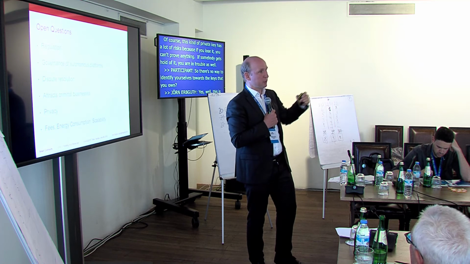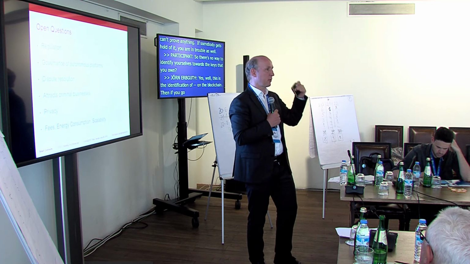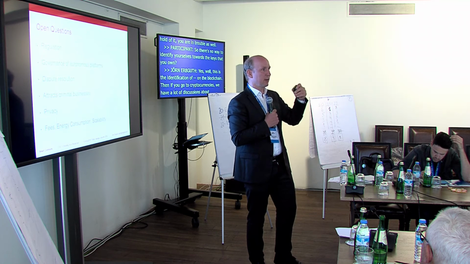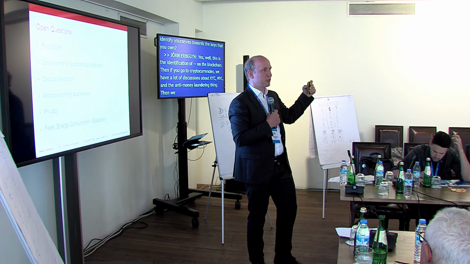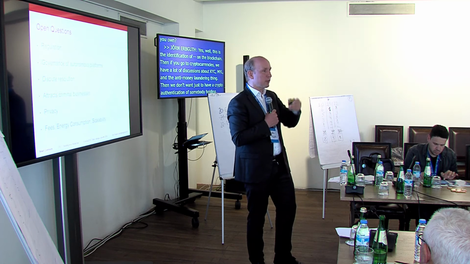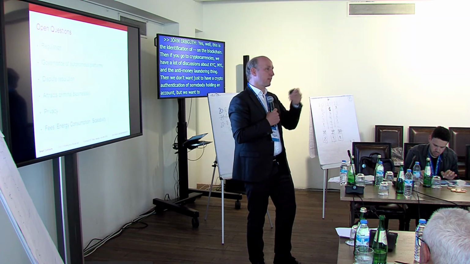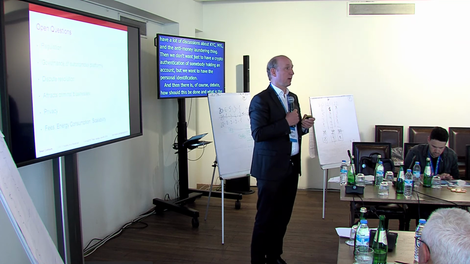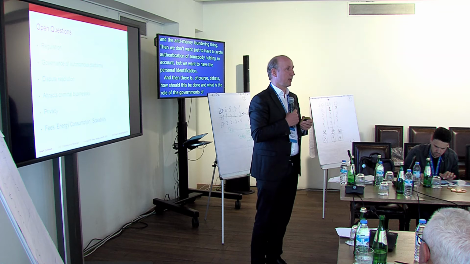Then, if you go to cryptocurrencies, we have a lot of discussion about KYC, AML, all the anti-money laundering topics. Then we don't want just a crypto authentication of somebody holding an account, but we want personal identification. And then there is, of course, debate: how should this be done? What is the role of governments, of banks, of intermediaries who verify the identity?